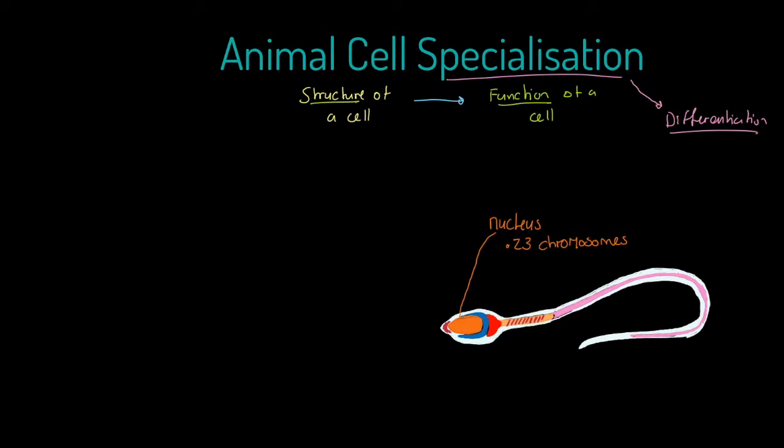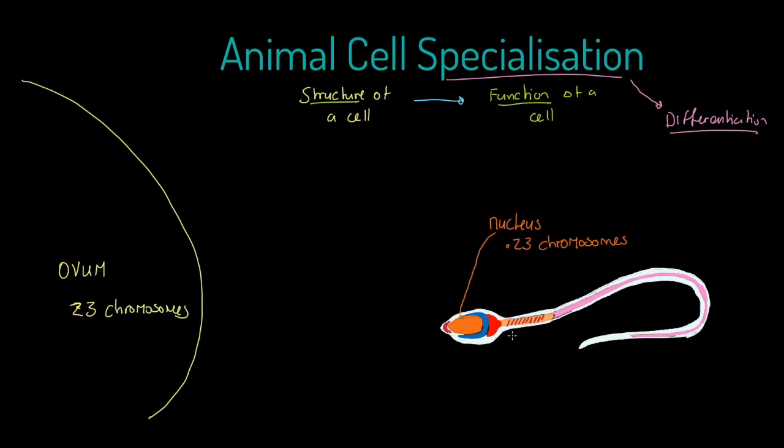That is interesting because sooner or later, and this is part of an ovum over here, imagine this ovum is carrying on to make an egg structure, this sperm cell may actually fuse with this ovum. And this ovum also has 23 chromosomes.